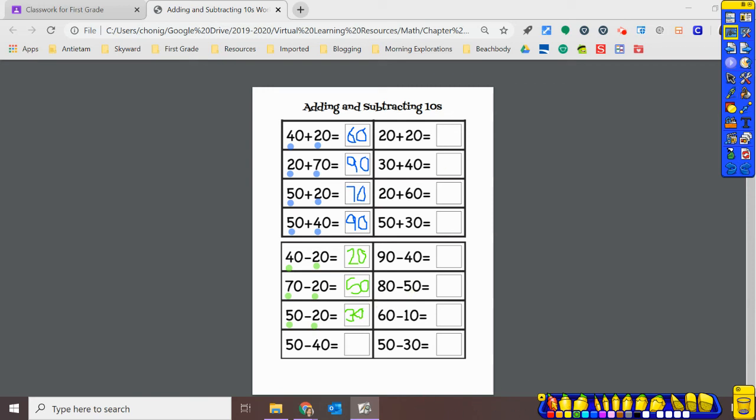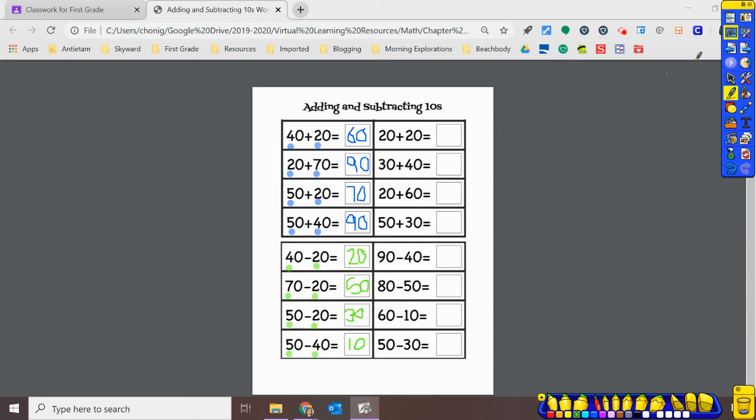And we have one more that we're going to do together. This time I have 50 minus 40. So 5 minus 4. Let's count back. Here we go. 5, 4, 3, 2, 1. So 1 is my first number in my answer, but I have to remember to add that 0, make it 10.